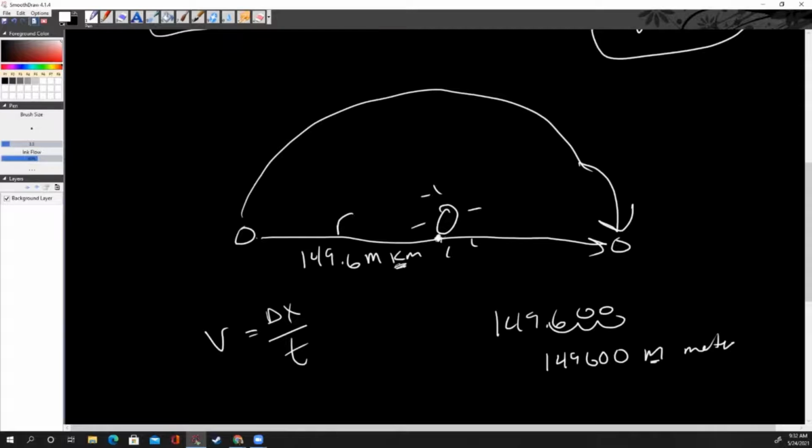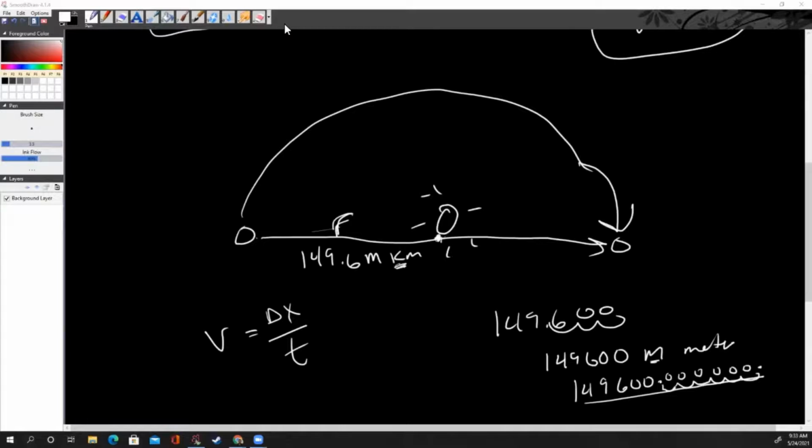So we're going to move it 6 more decimal places, 149,600. Here's the decimal place, 1, 2, 3, 4, 5, 6. And that is the number of meters that this distance is, the radius from the sun. So let's times that by 2 in a calculator.